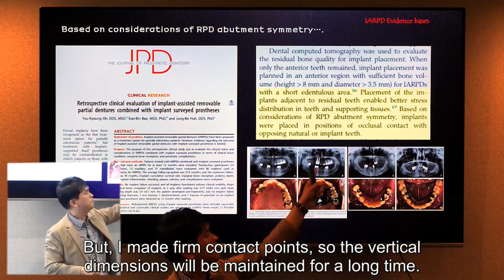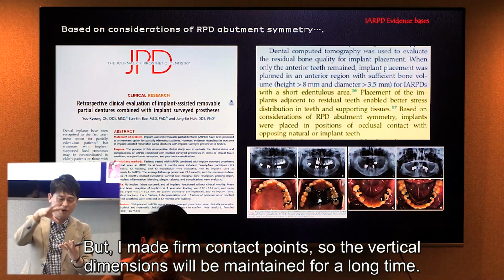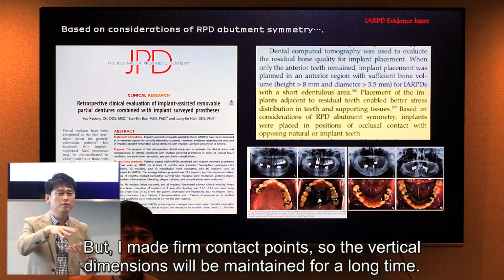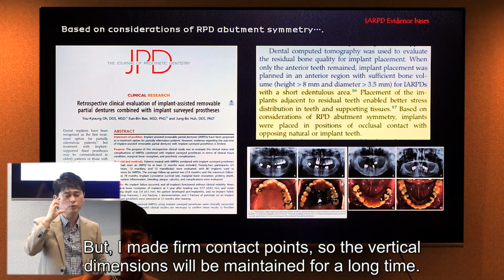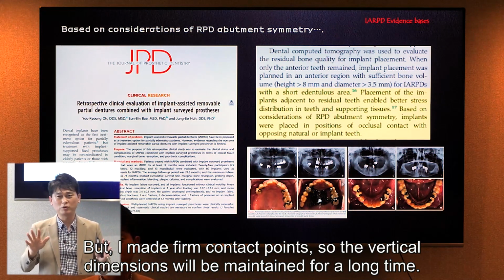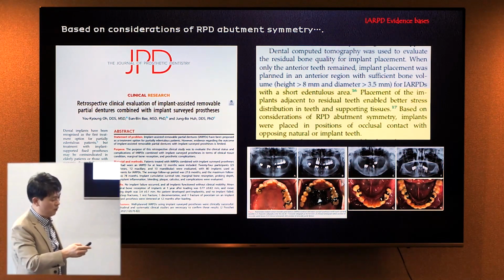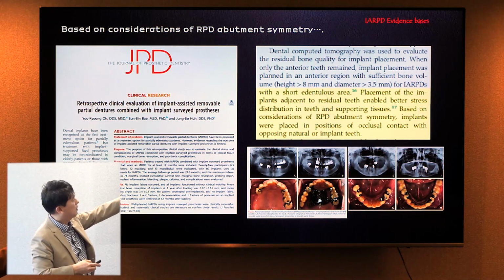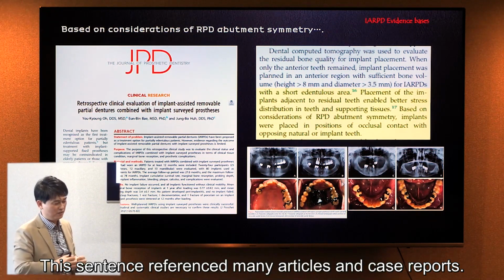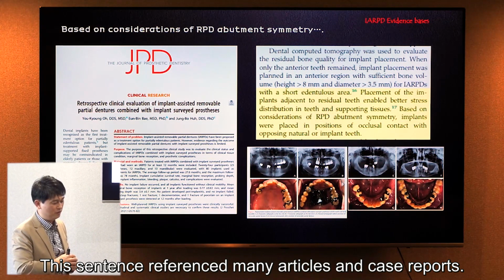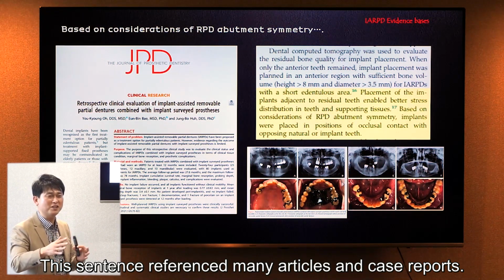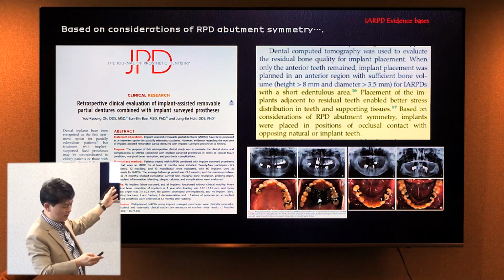But I made the vertical contact point, so the vertical dimension will be maintained for a long time. So I wrote like this, and this sentence referenced many articles and many case reports.